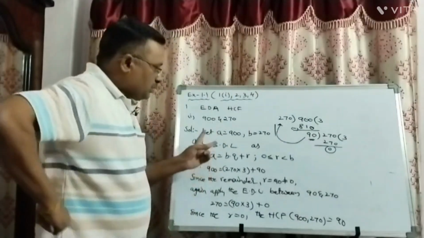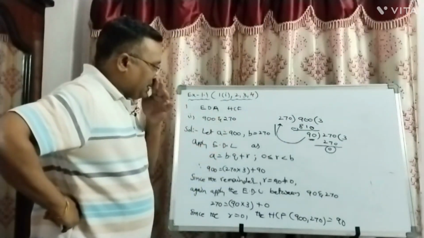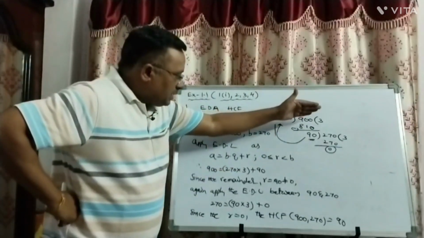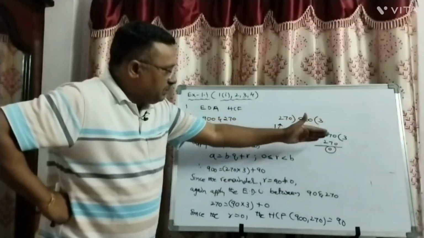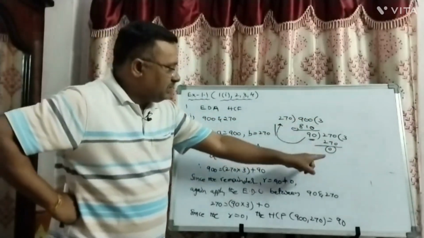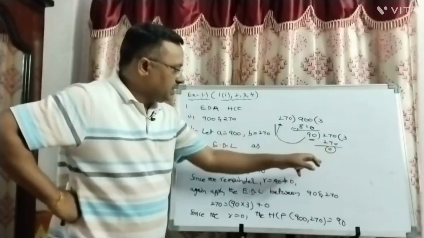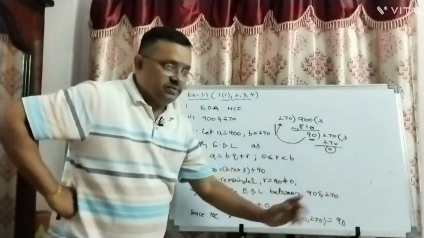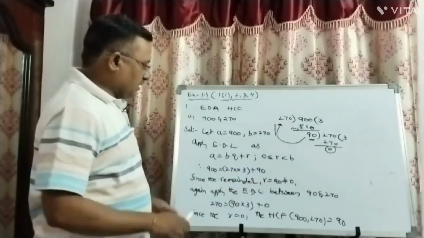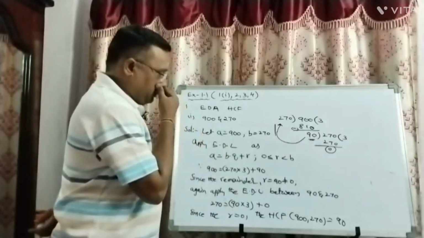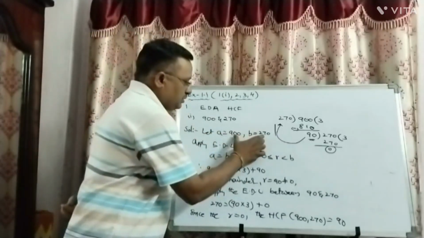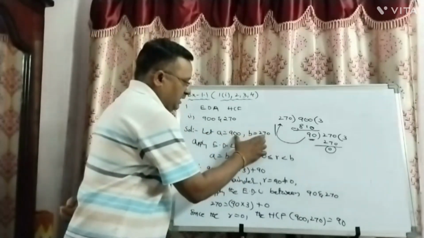This is the way of finding the HCF of any two given positive integers. In this, the number of steps will be increased until we get the remainder 0. The divisor that gives the remainder 0 will become the HCF. Got it? Now in this process, one more logical point is there.